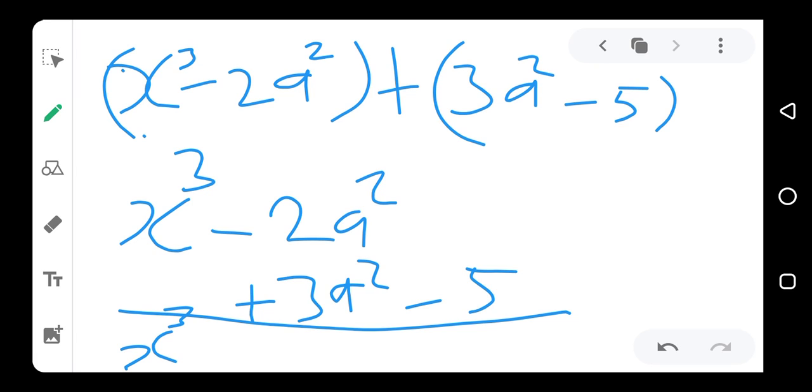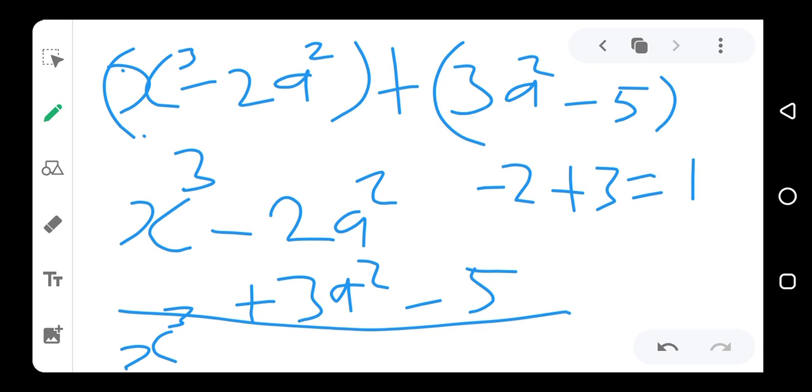Now this is minus 2 plus 3, which is 1. Minus 2 plus 3 is 1.